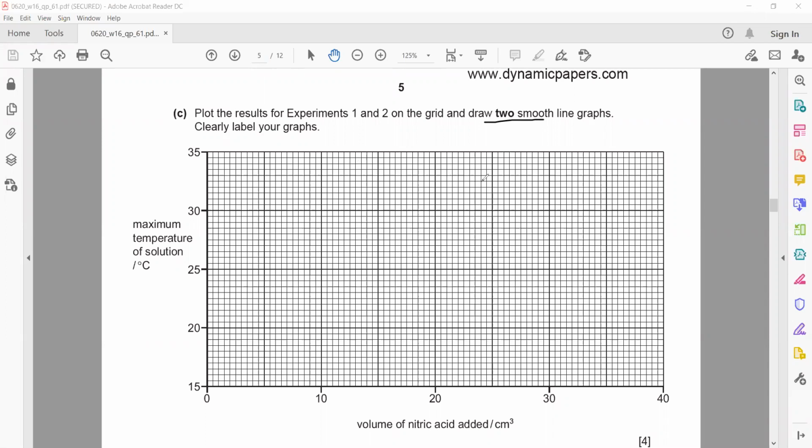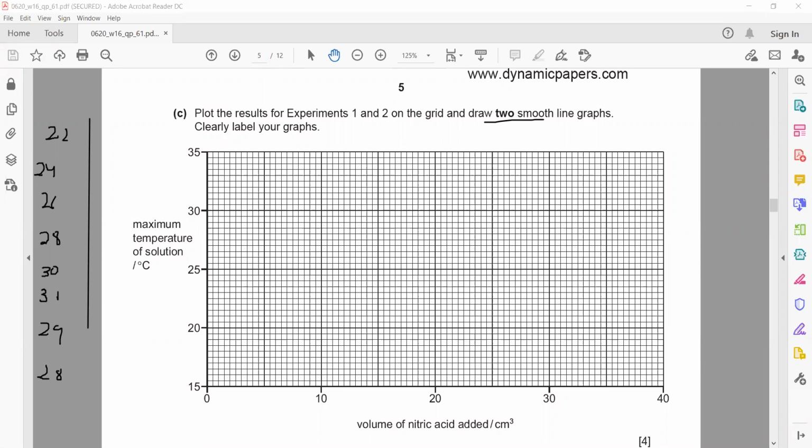So the values for the first experiment, I will write it here for the two experiments, because the maximum temperature and the volume of the solution. So the first value was 22, then it was 24, 26, 28, 30, 31, 29, and 28.